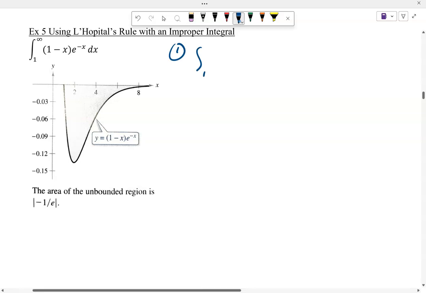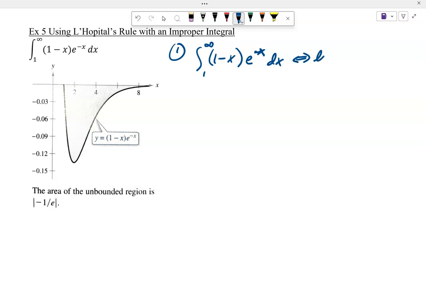We've got 1 to infinity, 1 minus x, e to the negative x dx. And we're going to set that up with our type 1, number 1 again. So limit as b goes to infinity of 1 to b of 1 minus x e to the negative x dx. So then the question is, well, how do we even do this?